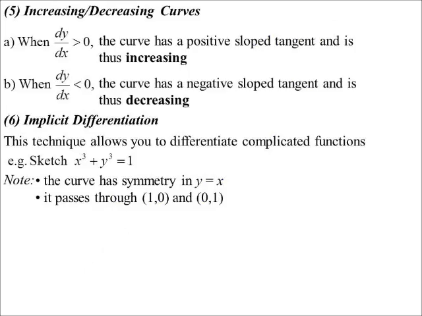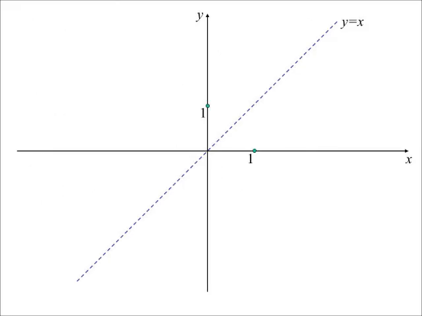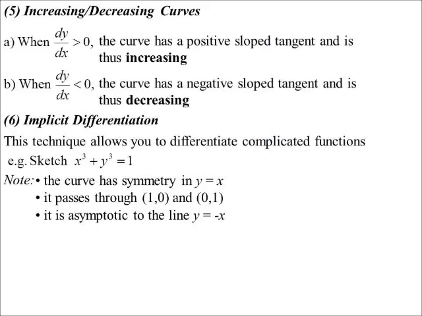Okay. X-intercepts and y-intercepts are quite easy to find. 1, 0, and 0, 1. Okay. There's 0, 1. There's 1, 0. All right. Now, this one you might not have picked straight away. This is going to be asymptotic to the line y equals negative x. And here's why. You see, y cubed would equal 1 minus x cubed.